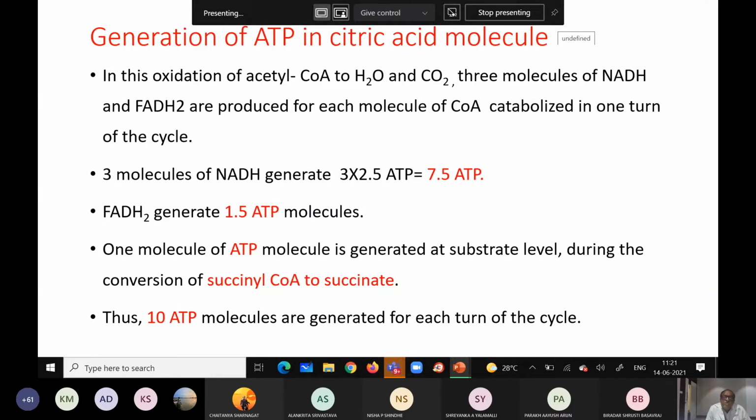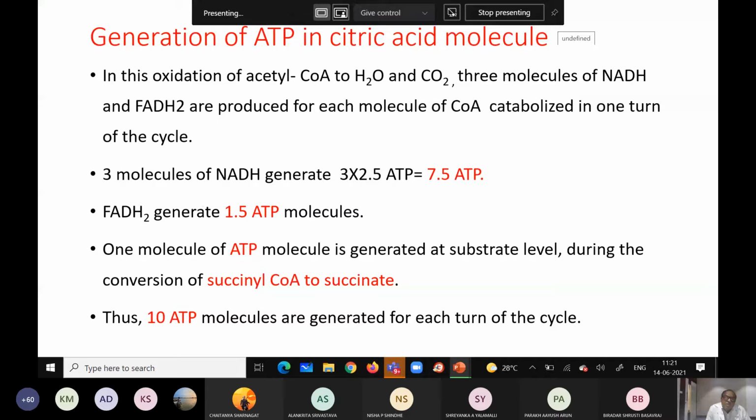So after the addition of all these ATP that are formed, it amounts to the generation of 10 ATP molecules for each turn of the TCA cycle.